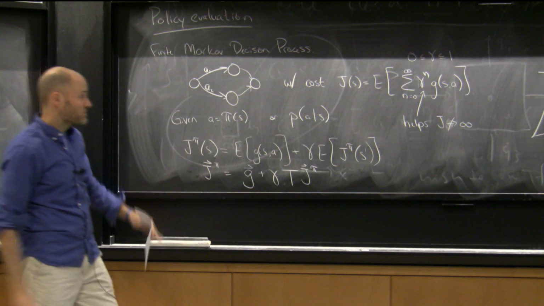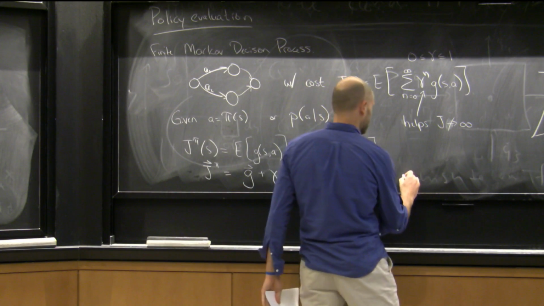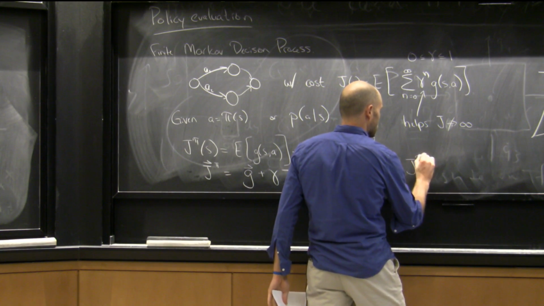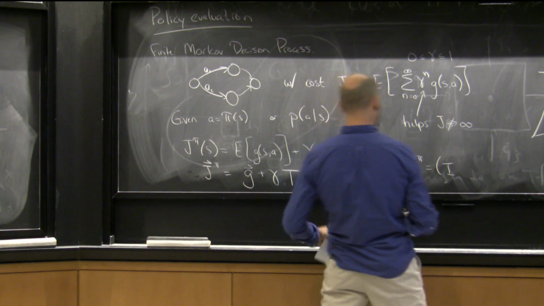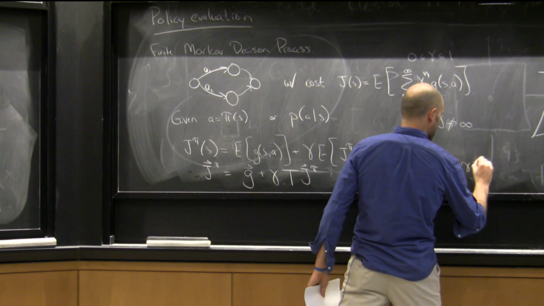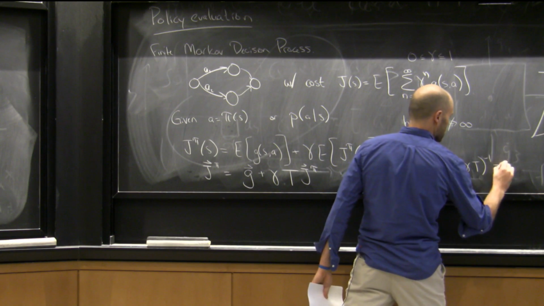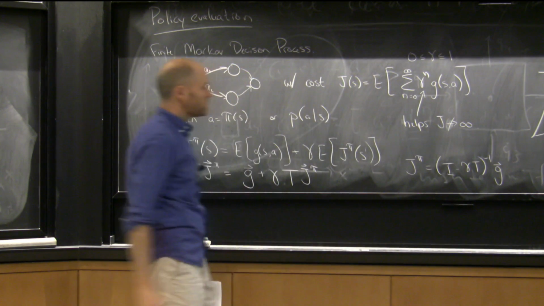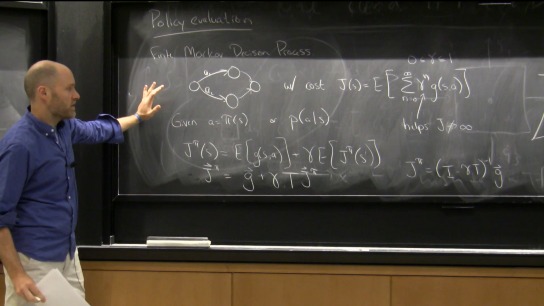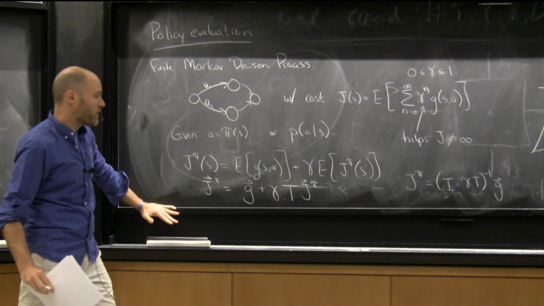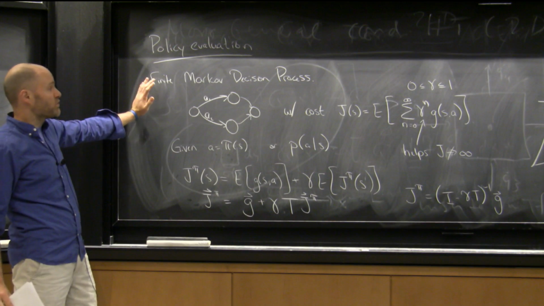It's a linear equation solve, right? I minus gamma T inverse g hat. So that's a reminder of policy evaluation being sort of easy if you know the transition probabilities.